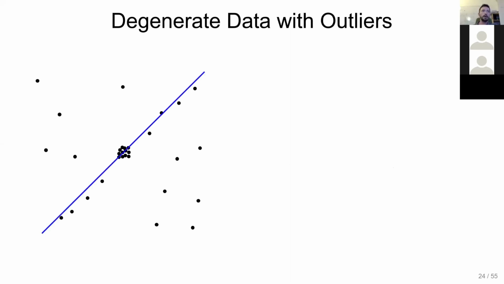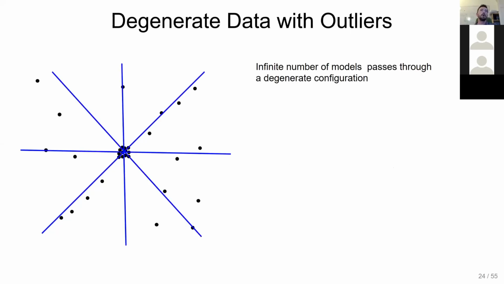The problem with the degenerate configuration is that there is an infinite number of models passing through this degenerate configuration, and all of those models are consistent with all the points in the degenerate configuration.